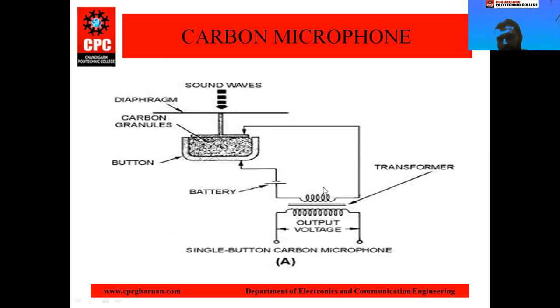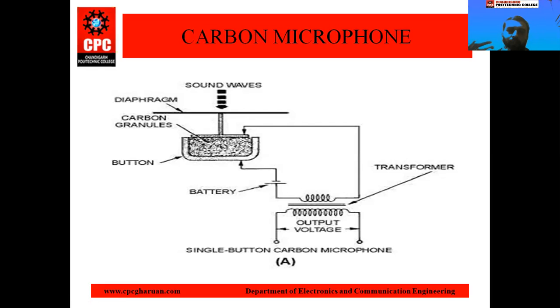This is your transformer, and here a battery is applied. The property of carbon is that when we compress the carbon, its resistance is reduced, and when the carbon expands, its resistance is increased.